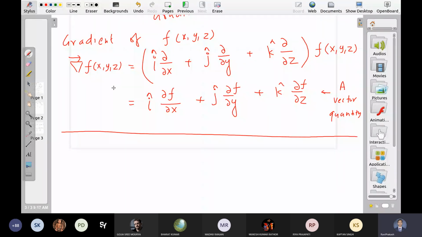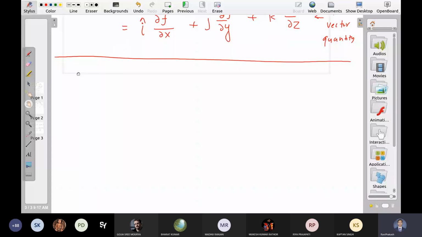Gradient always works for scalar functions, and in the output you will get a vector function. And you can see the operator itself is a vector quantity, right? So vector into scalar is like a vector.